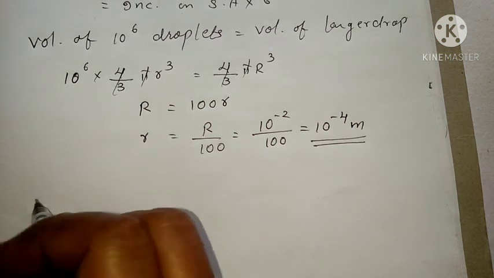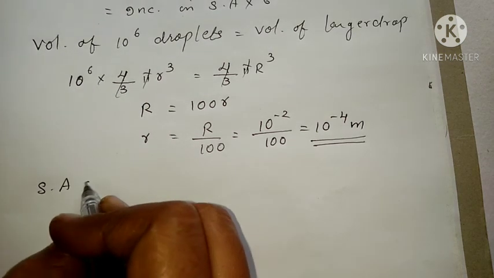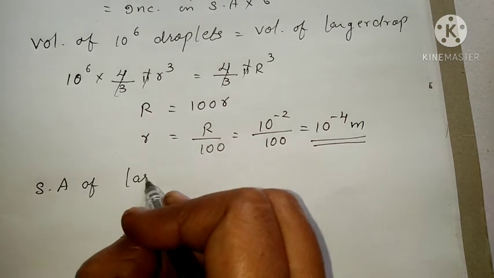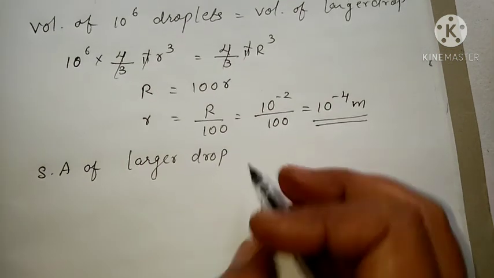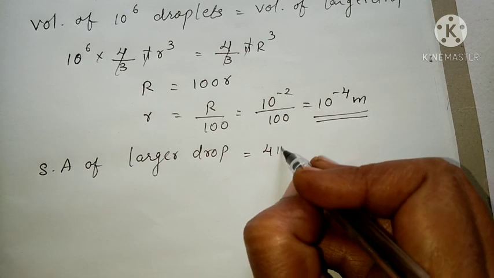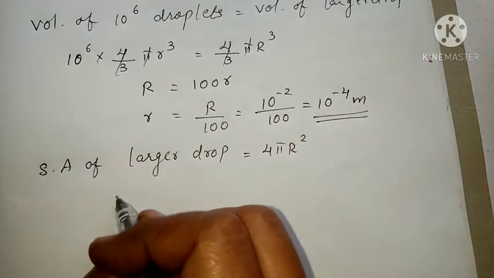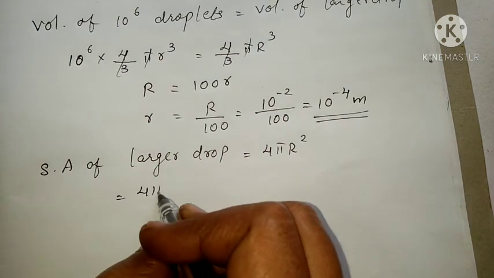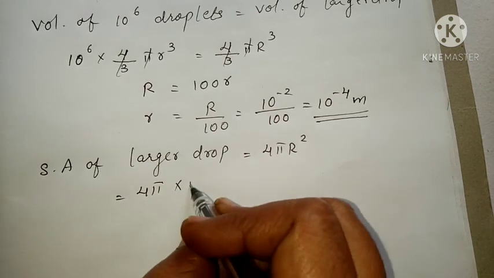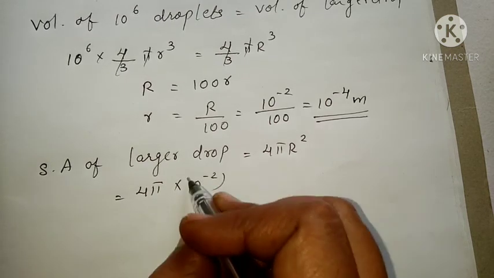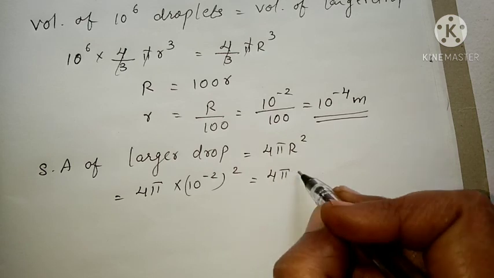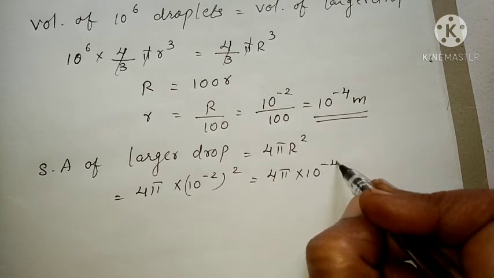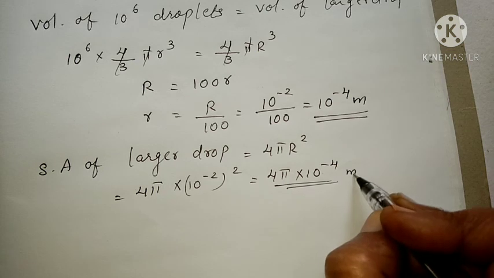Then first you want to find out the surface area of larger drop. Surface area of larger drop is equal to 4 pi R square. Then substitute the value, that is 4 pi into 10 raised to minus 2 the whole square, that is equal to 4 pi into 10 raised to minus 4 meter square.